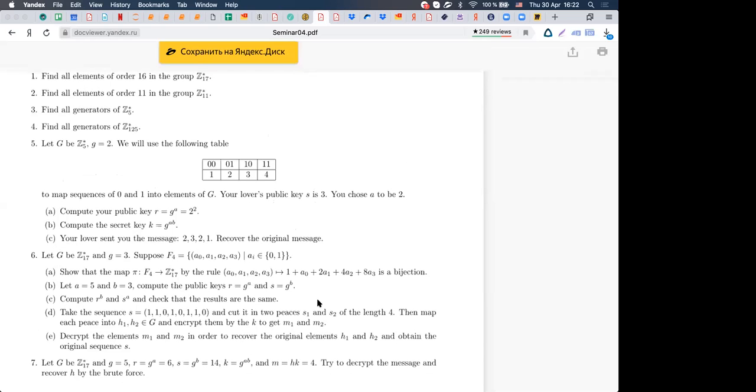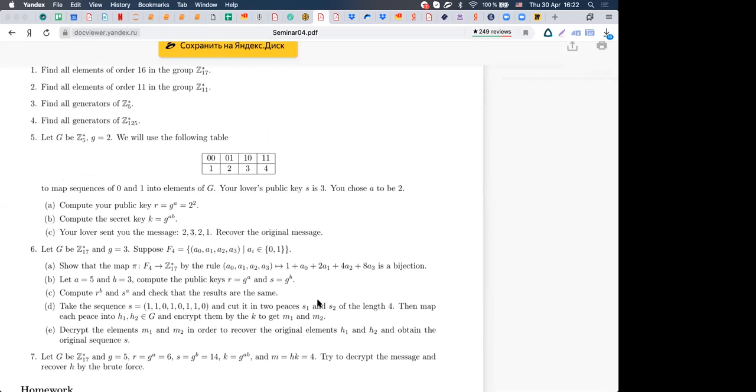And I have a question. In our group Z17 star, our operation is multiplication. When we consider our set F4, do we mean that our operation remains the same, or do we change the operation?